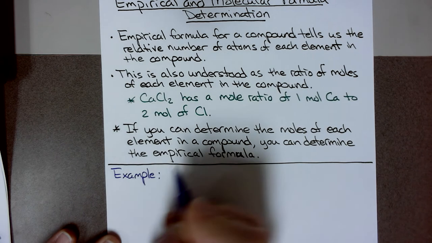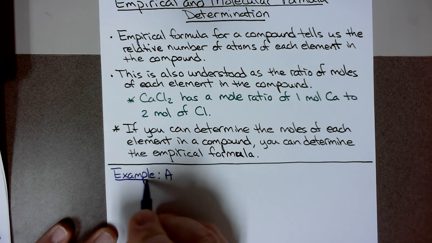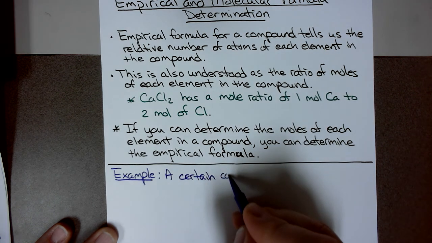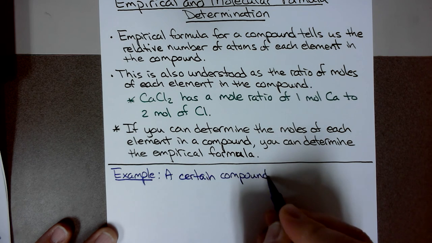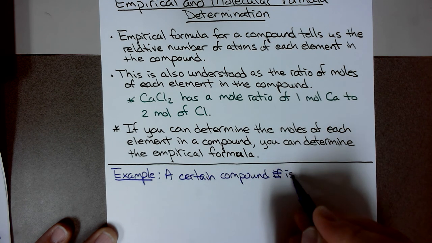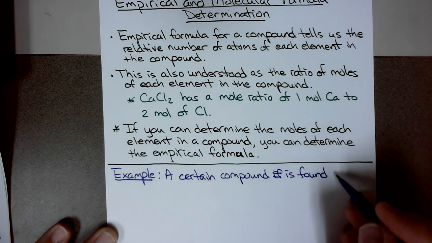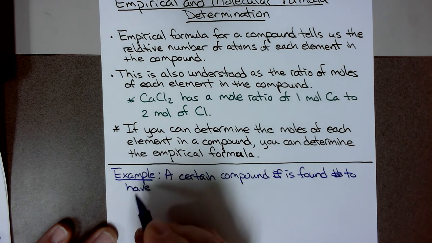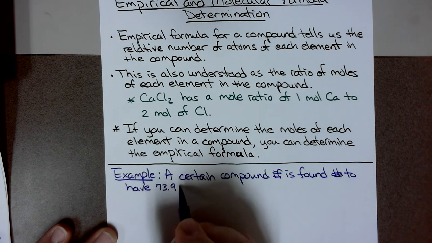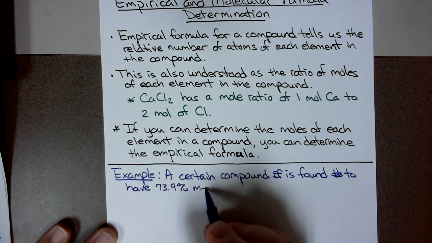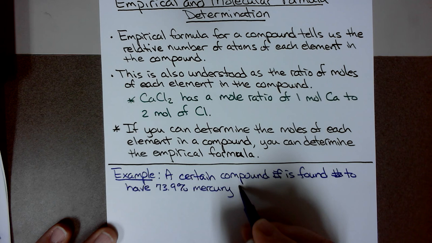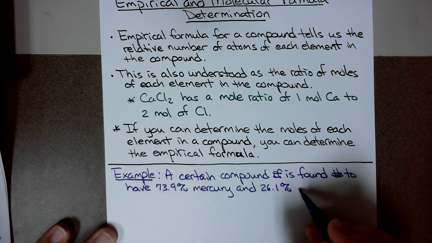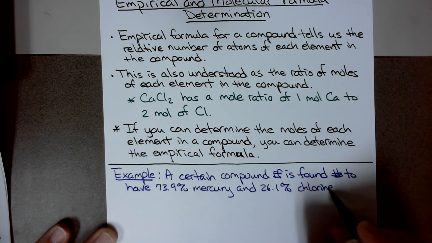Let's say we have a certain compound that is found to have 73.9% mercury and 26.1% chlorine by mass.